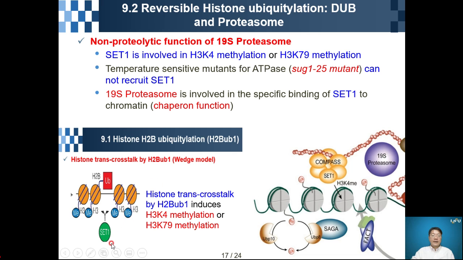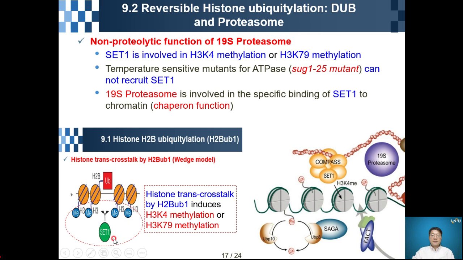At that time we found that Set1 can induce H3K4 methylation or H3K79 methylation. So it means that the temperature sensitive mutant for ATPase, especially the SOC125 mutant, cannot recruit Set1.